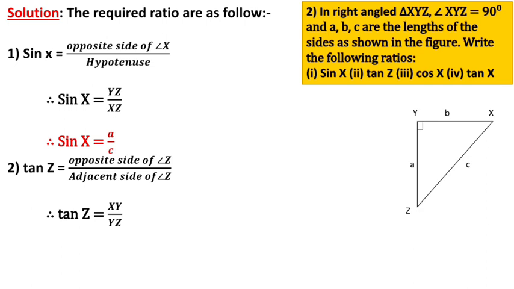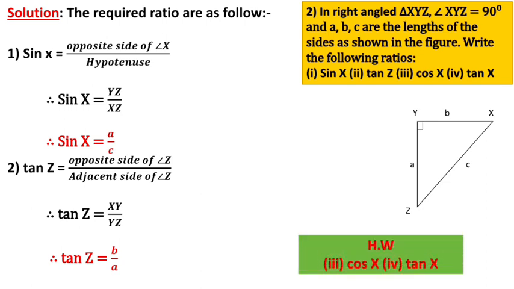So our XY is given as b and YZ is given as a. So here I have found the two ratios. The third ratio, cos X, and the fourth ratio, tan X, are homework for you. Do it yourself.